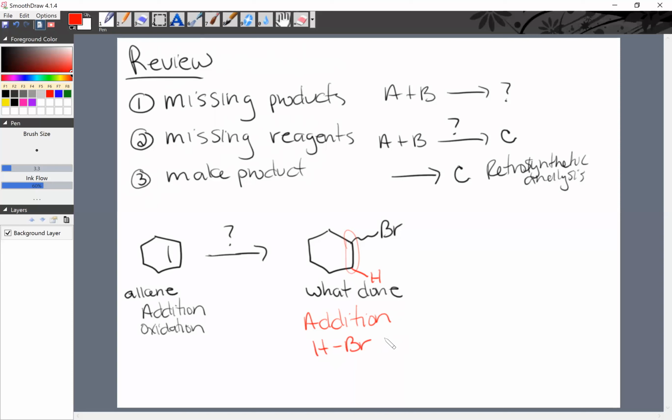And now we can either mechanize this or we can recognize it, but that looks like hydrohalogenation. That's just HBr. And then I have to ask myself, is there anything special? Do I have to have any special conditions to this one? And if I look back on my reference sheet, the answer is no. I'm looking all the way at the top above the alkenes where it says just HX. And it says Markovnikov alkyl halide. Now, Markovnikov didn't matter in this case, but that one was just hydrohalogenation.